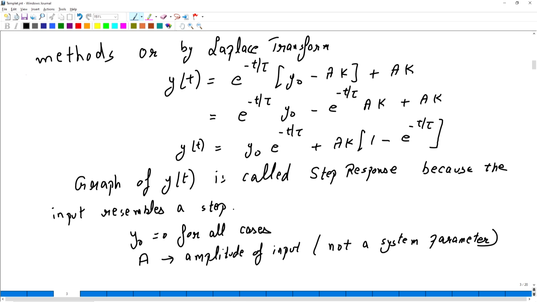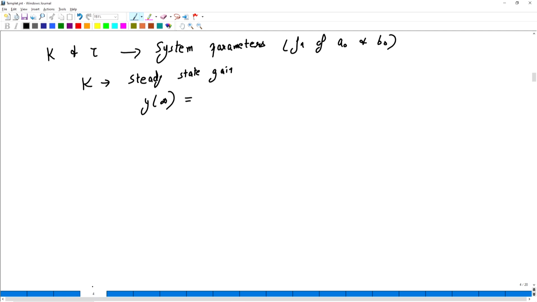So y of infinity equals 0 plus a into k into 1 minus 0. So finally what we get is k into a, and I have considered the values of k and a as 5 and 2. So we get y infinity equals 10.